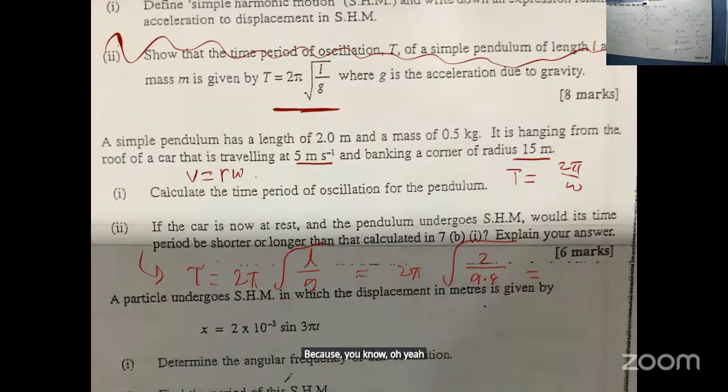Find what the periods are, and say which one is shorter, which one is longer. You have to work out two parts, part one and two.